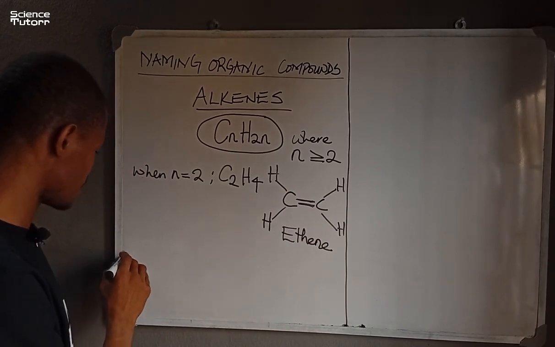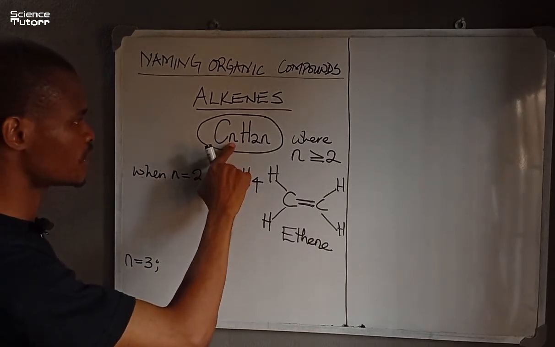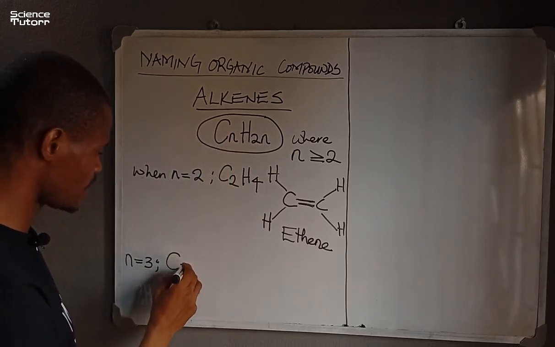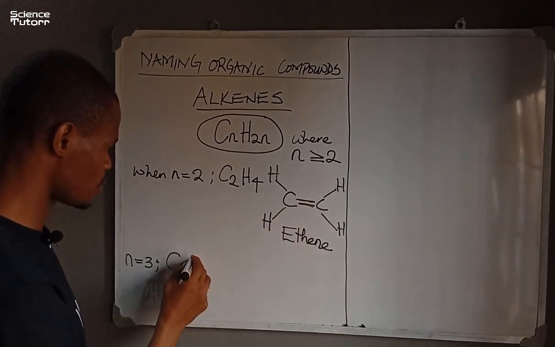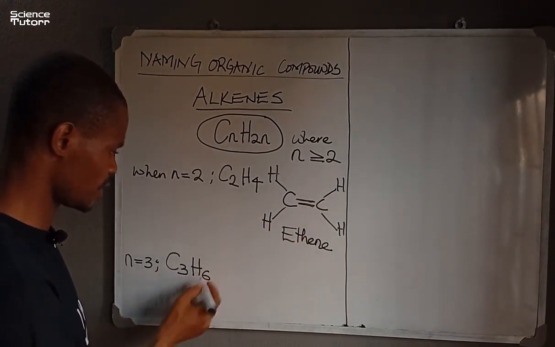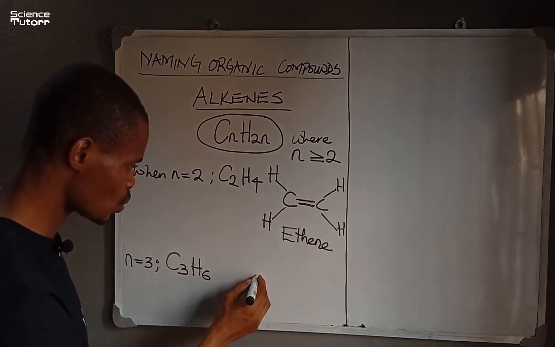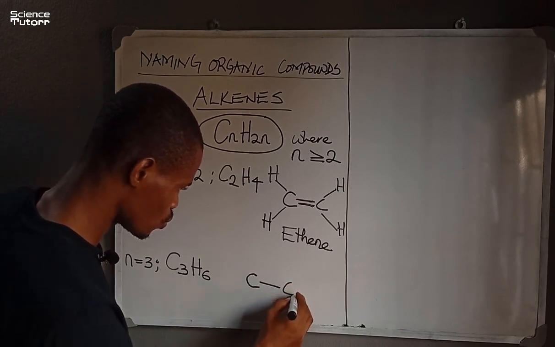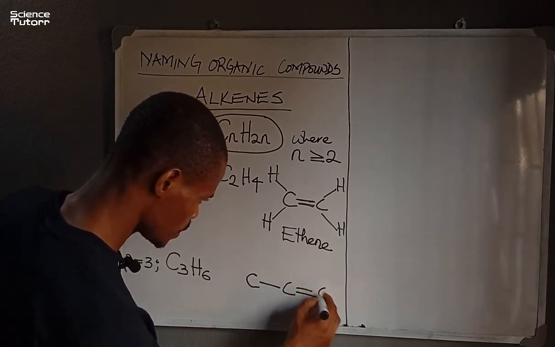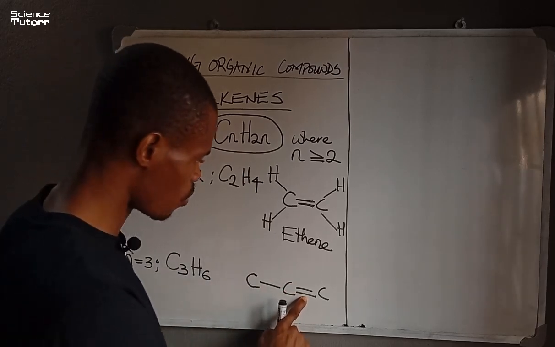When n equals 3, substituting 3 here, we have C3. Putting 3 here, 2 times 3 gives us a 6. So we have C3H6. Looking at this, it simply means we are going to have 1, 2, 3 carbon atoms, of which one is attached to the double bond.